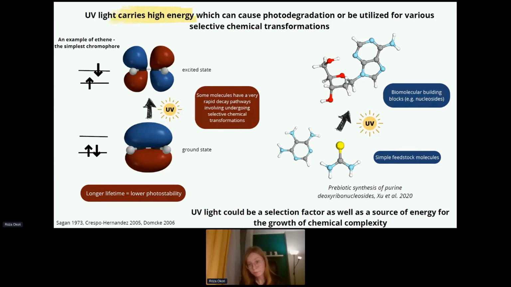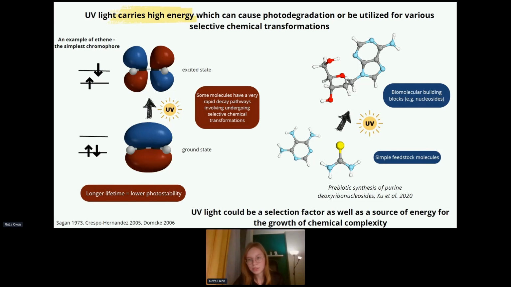And from this time, obviously, we have made significant progress in proposing many prebiotically plausible syntheses of such biomolecular building blocks, like for example nucleosides. But UV radiation is often still a very key factor determining many important stages of reactions included in such reaction schemes to take place.